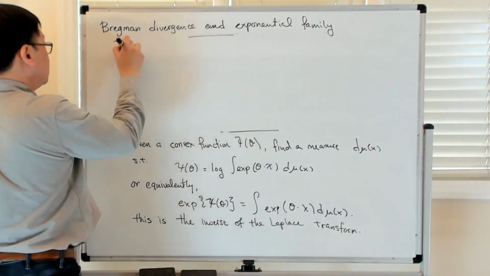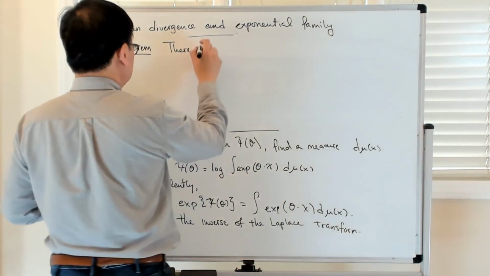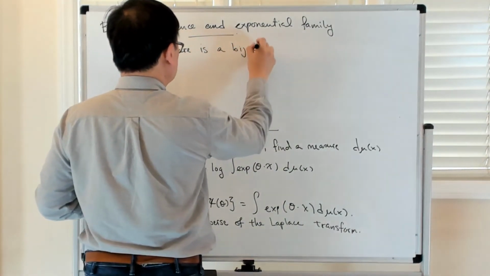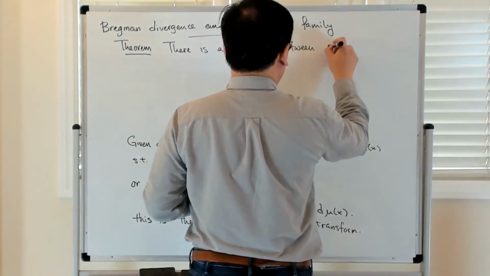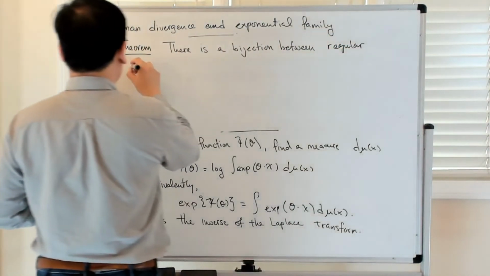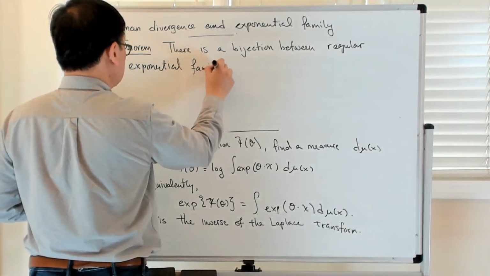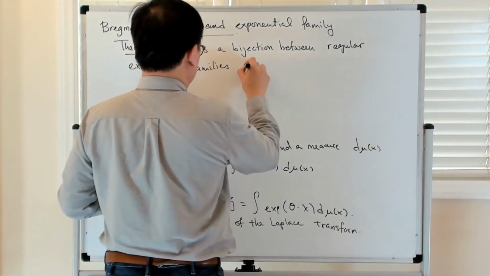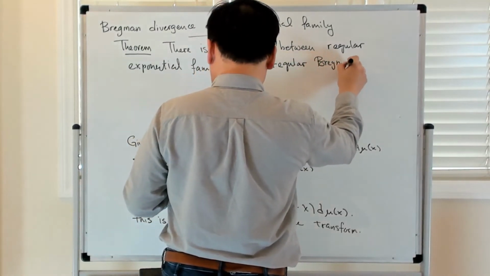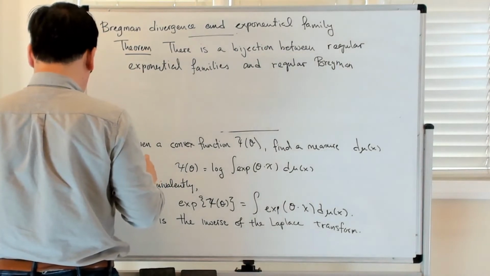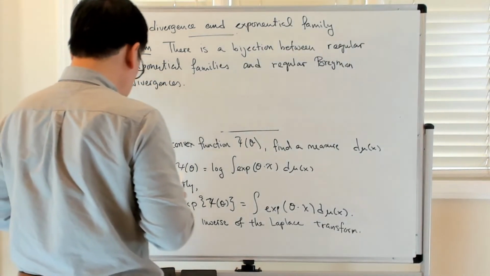The theorem is as follows: there is a bijection between regular exponential families and regular Bregman divergences.